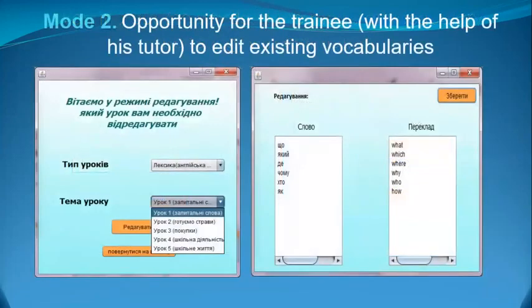An important function realized in the e-simulator is the opportunity for the trainee, with the help of the tutor, to edit existing vocabularies, to fill them with their own sets of words and save their own vocabulary in files. This ensures the adaptability of the simulator to the needs and requests of the trainee, as he can work out the words which seem exactly for him to be useful and important.